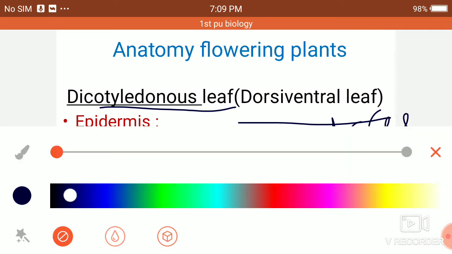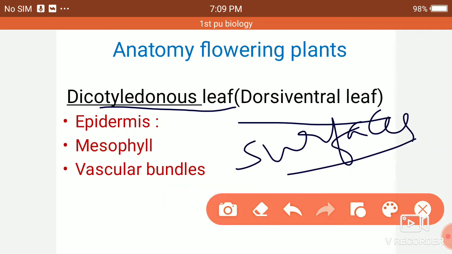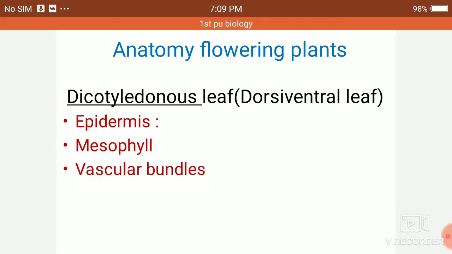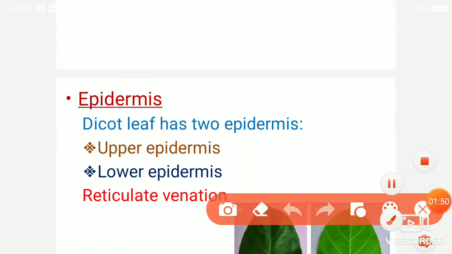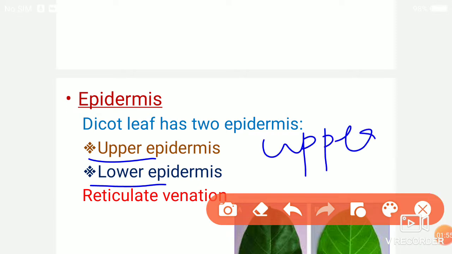Why it is called the dorsiventral leaf: the dicot leaf has two surfaces. We call them the upper surface and the lower surface.